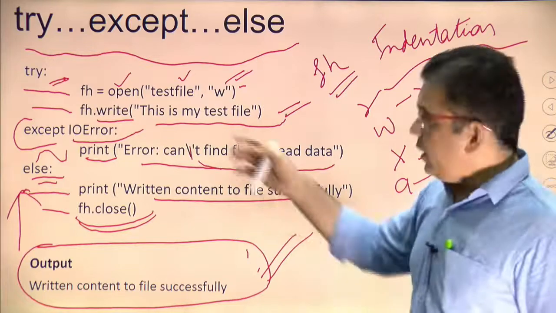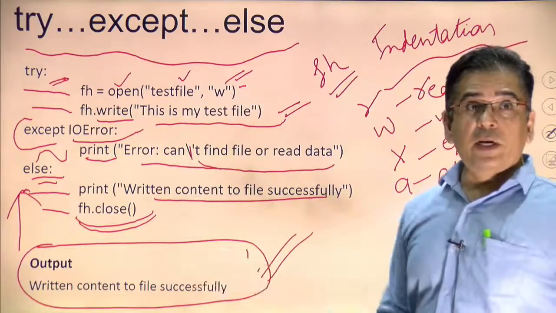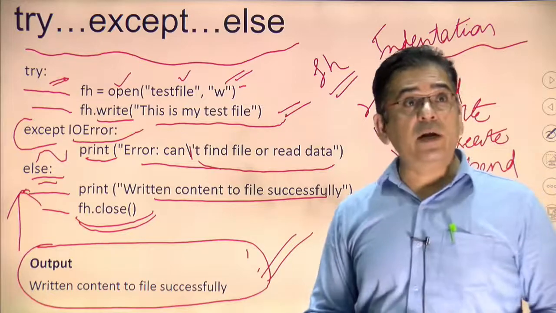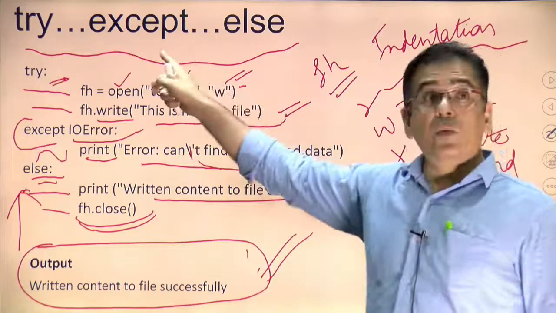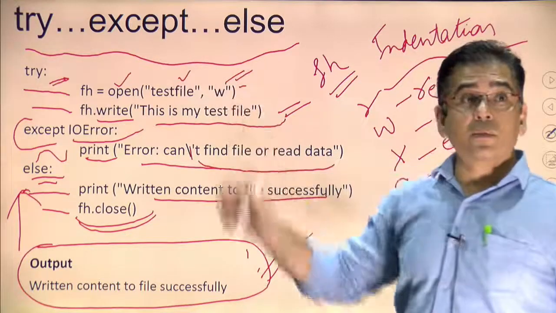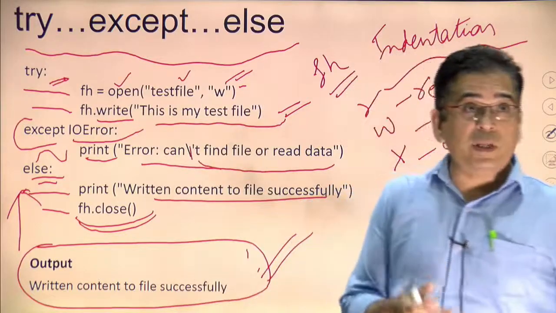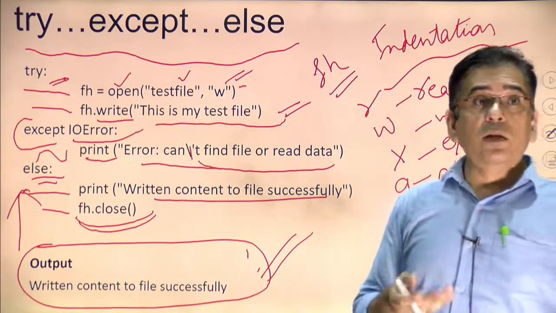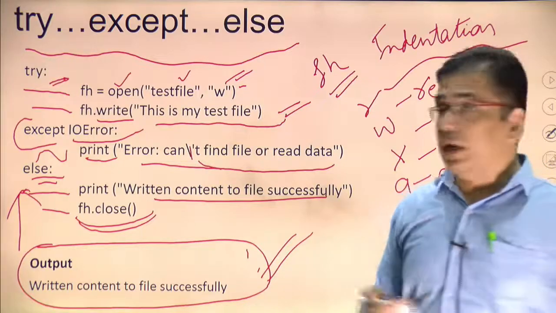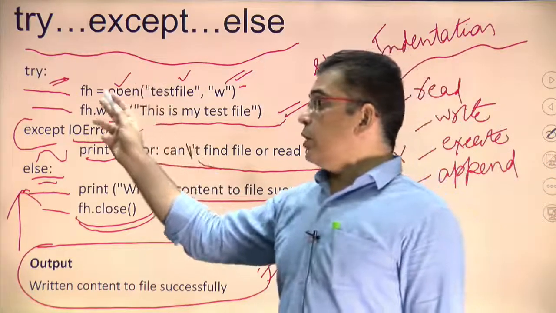So once again I will explain this program. It tells you about the exception handling mechanism, category 1: try, except and else block. The code which you want to execute, and which may be suspicious, where you feel an error may arise at runtime, you have to write in the try block.